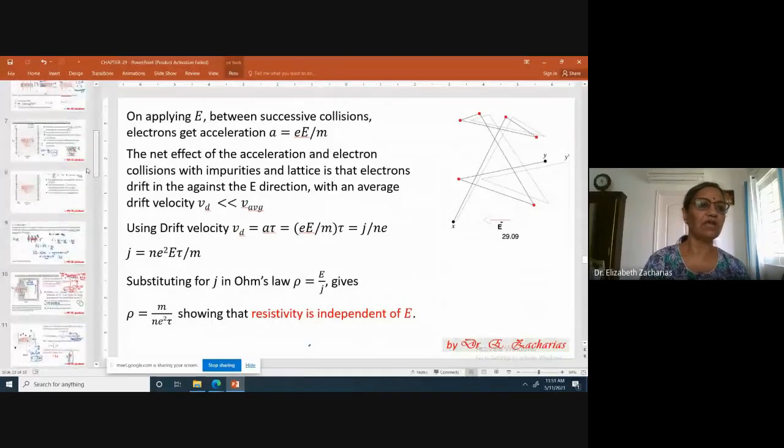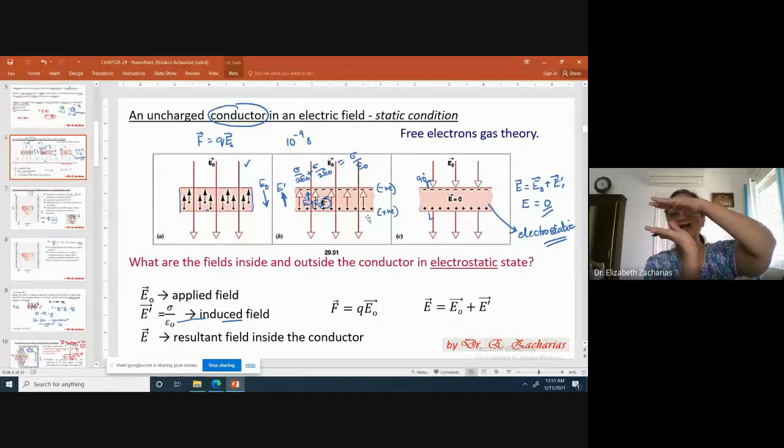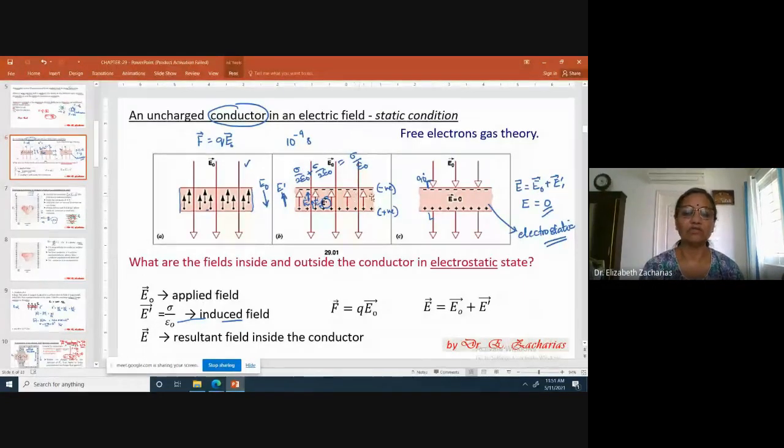We have seen what happens when you put a piece of metal in a uniform electric field. We found that the electrons will flow against the electric field, go and deposit on the top surface, and at the bottom surface there is an effective positive charge, and they behave like two plates, a positive charge and a negative charge plate. So there is a field because of this, and this field is called the induced field or the polarization field.